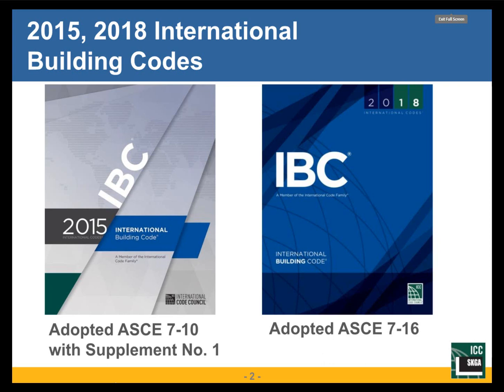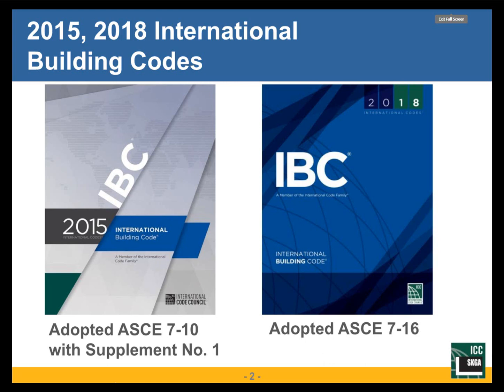The design loads, including seismic design, are taken from ASCE 7, Minimum Design Loads for Buildings and Other Structures, and the materials chapters refer to material standards, chapter 19 to ACI 318, chapter 21 to the masonry standard, and so on and so forth.